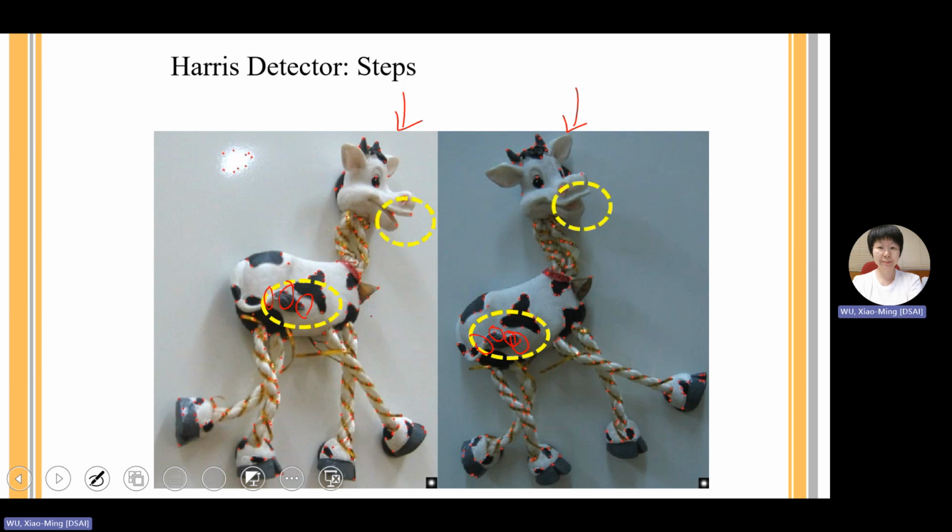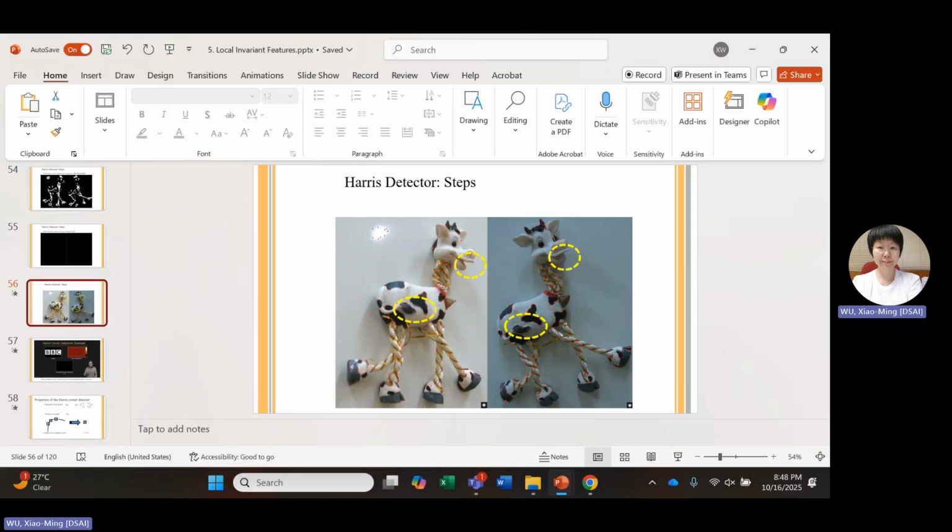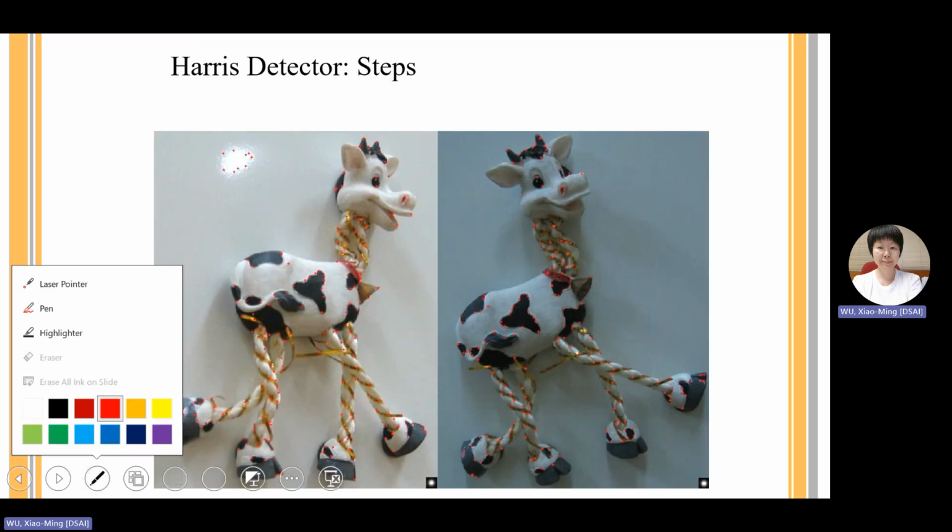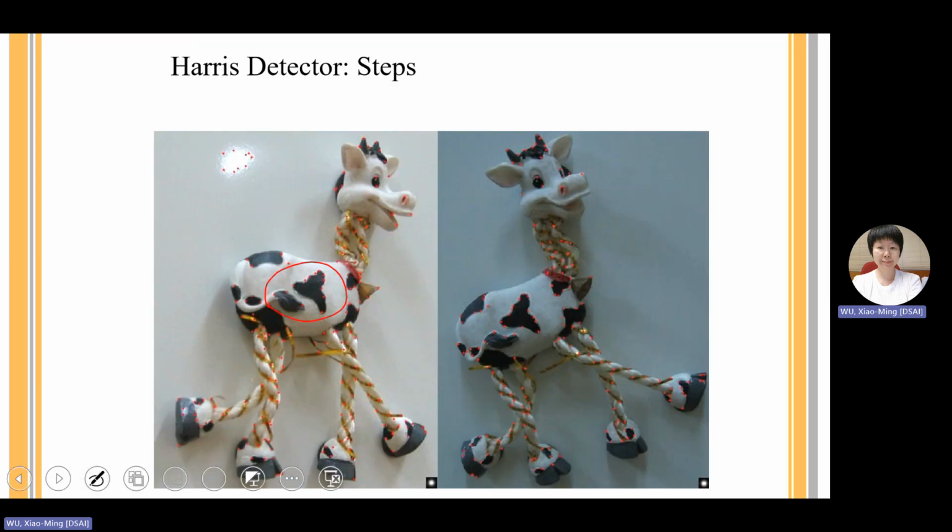These points are not identified on this image because the viewpoints are different. So that's reasonable. I would like to emphasize, look at this region, and you can see the same corner points are identified despite the differences in their orientation.